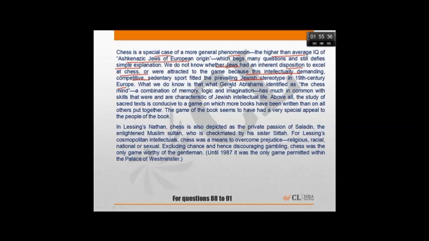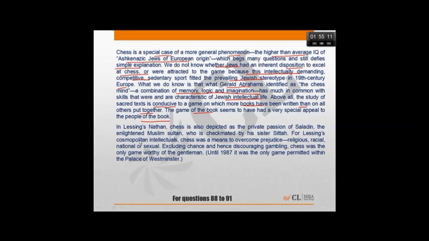We do not know. What we know is that what Jared Abraham identified as the chess mind, a combination of memory, logic, and imagination, has much in common with skills that were and are characteristic of Jewish intellectual life. Above all, the study of sacred text is conducive to a game on which more books have been written than on all others put together. The game of the book seems to have a special appeal for the people of the book.